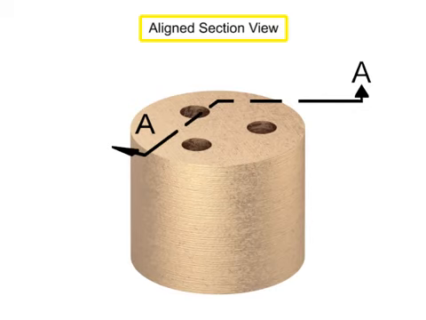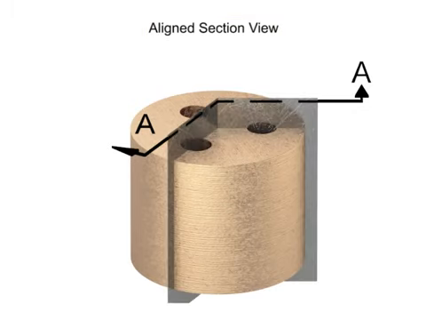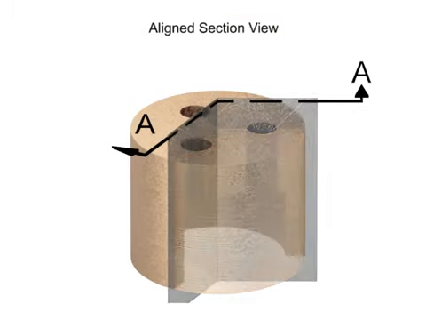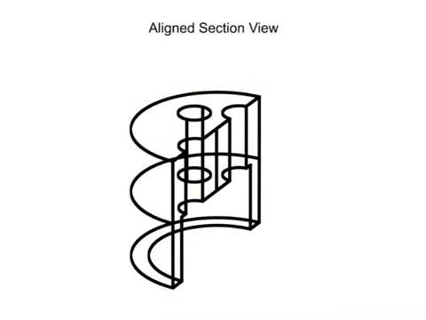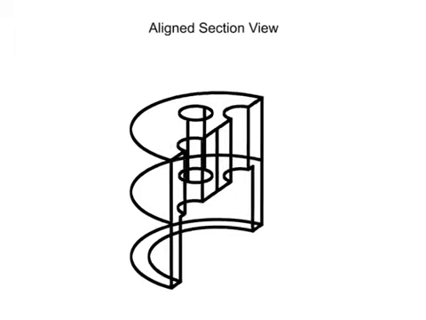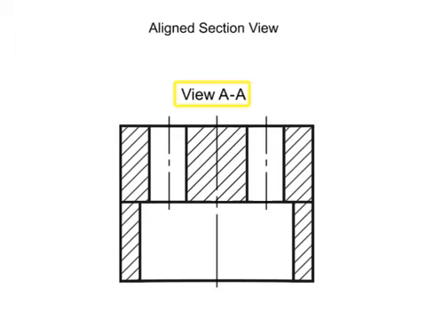Aligned section views occur where the cutting plane bends to pass through specific features of an object, then rotates to a normal vertical or horizontal plane and is projected to the section view. For circular parts, the cutting plane will almost always pass through the center of the part and then angle to another feature.